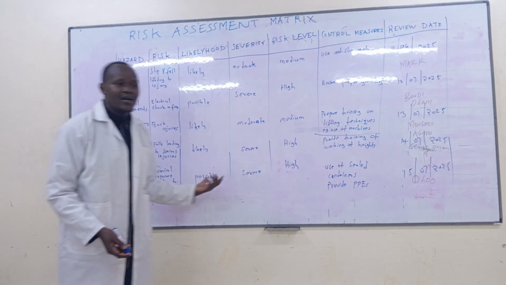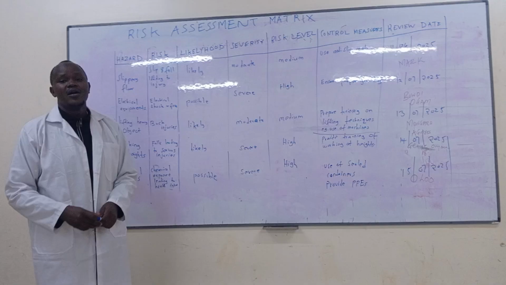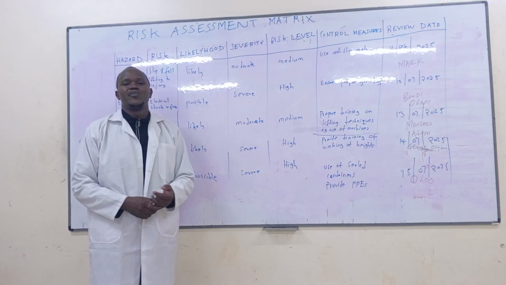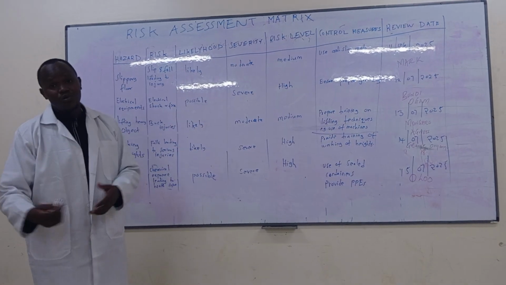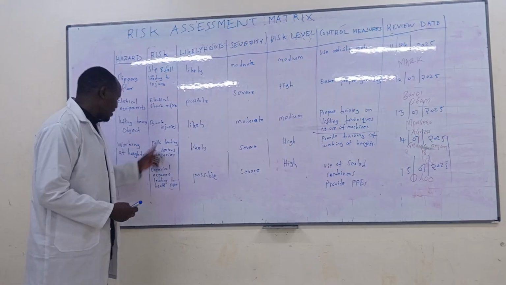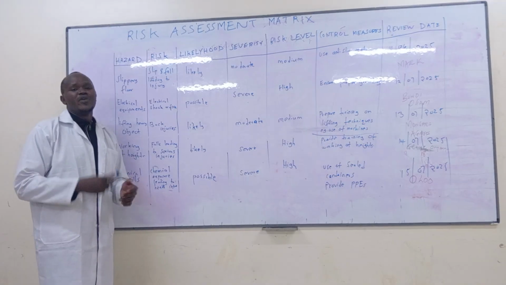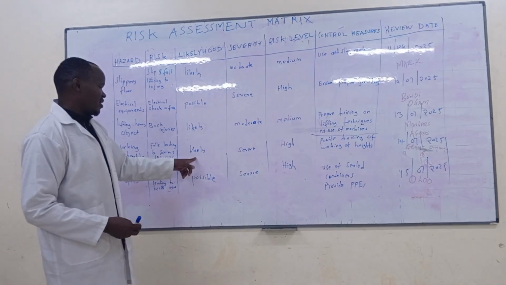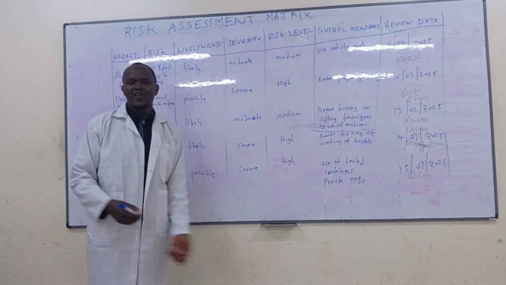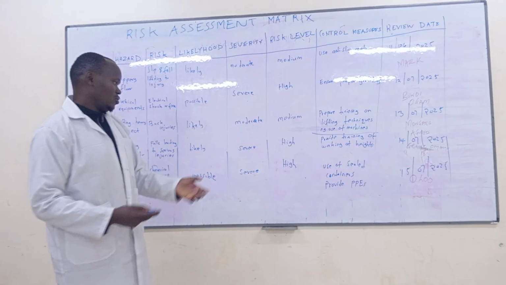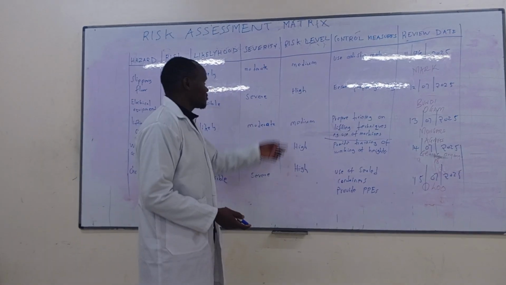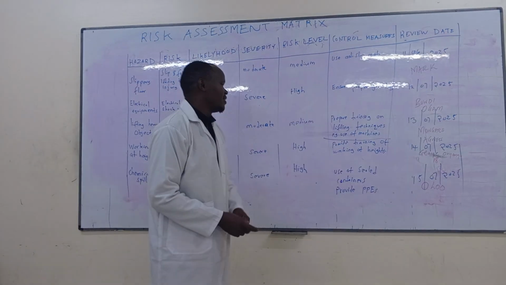Then when that accident has occurred, what are the risks posed to you? What is the likelihood of you working at greater heights? Maybe you are going to fall. Then after falling, how severe is the injury going to be on you? This level is high.